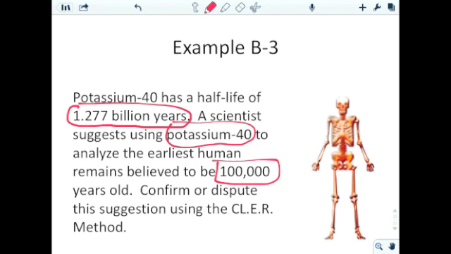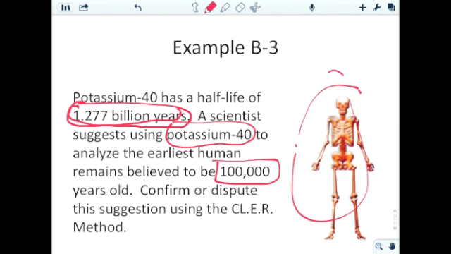So what we would say is that our early remains are believed to be 100,000 years old, well, the half-life of potassium 40 is 1.277 billion years.